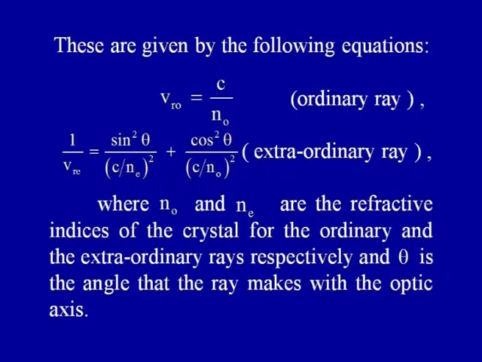V_O equals c upon n_O, this is for the ordinary ray. 1 upon V_E, that is the inverse of the velocity for the extraordinary ray, is given by sin square theta divided by (c by n_E) square plus cos square theta divided by (c by n_O) square, this is for the extraordinary ray.